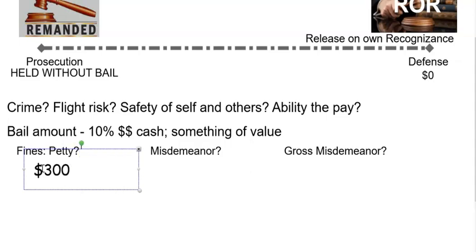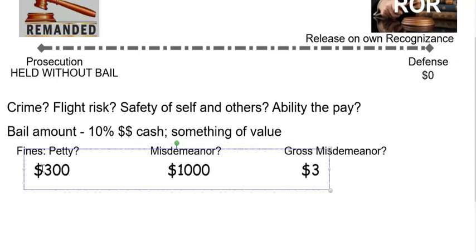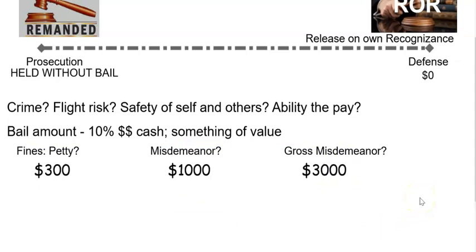When we get over to the misdemeanor, the maximum on that one, if we go back and look, is $1,000. So for somebody found guilty of a misdemeanor in Minnesota, that would be the maximum amount that our state would recognize as a legitimate fine. And then finally, we have the gross misdemeanor, which is the $3,000 maximum in those fines as well.